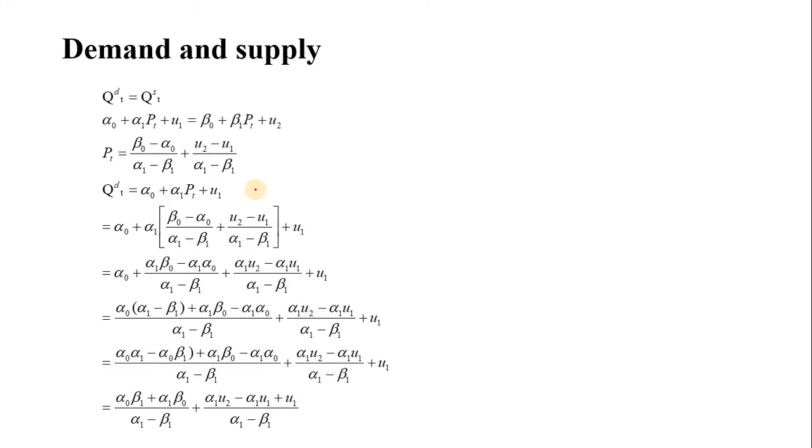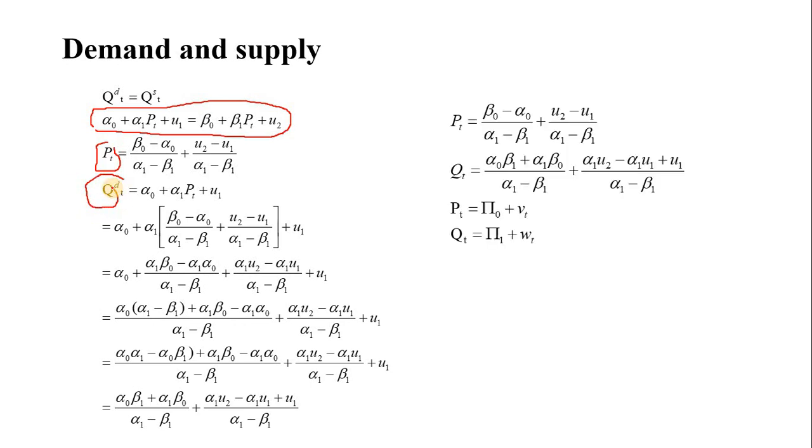Now look at the demand and supply equations. Similarly, this is the demand equation and this is the supply equation. You solve it for Pt and Qt, and you will get this kind of equation.